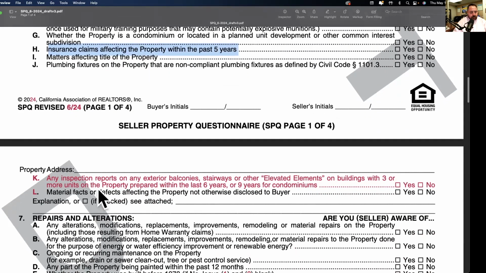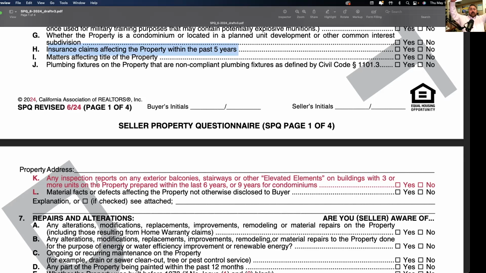This is new because they're changing things about condos. Any inspection reports on any exterior balconies, stairways, or other elevated elements on buildings with 3 or more units on the property prepared within the last 6 years, or 9 years for condominiums.